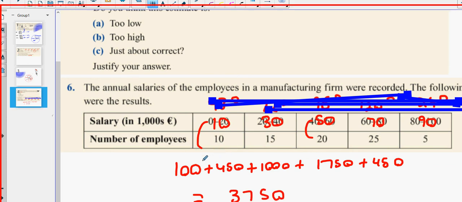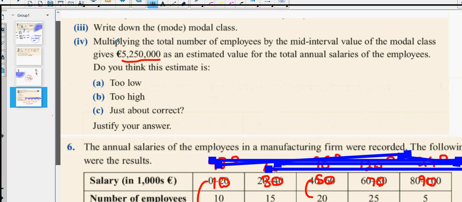And it's not 3,750, it's 3,750,000. I would say that their estimate is too high. How do I justify my answer? I calculate the amount using the mid-interval value of every range. They overestimated the total, the top part, so to speak.